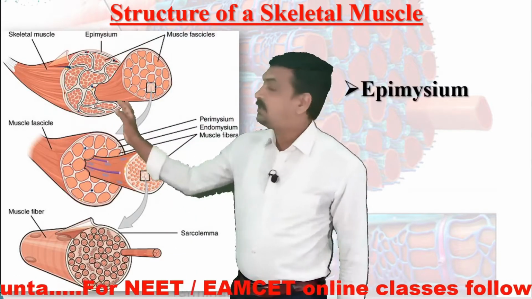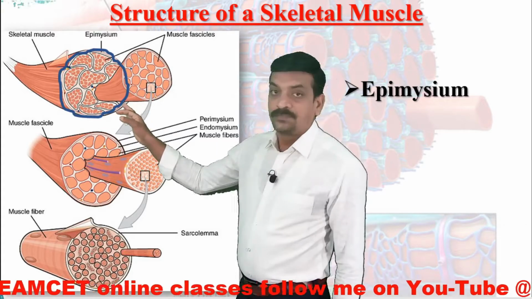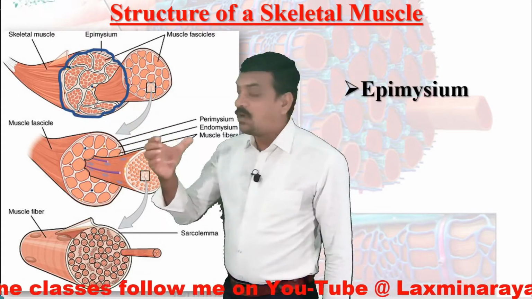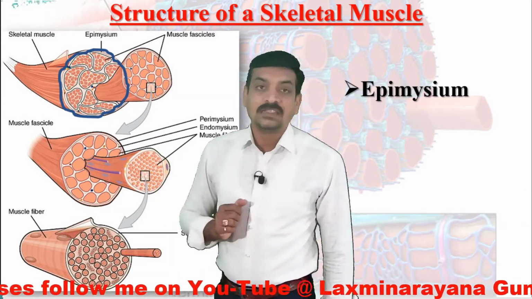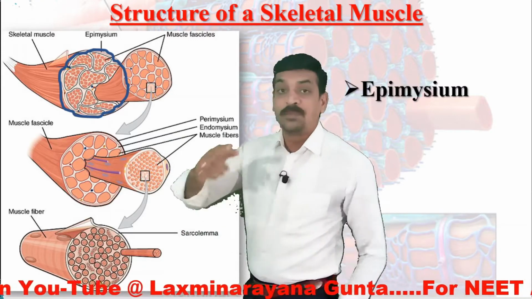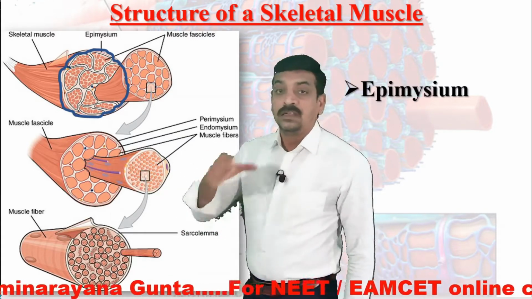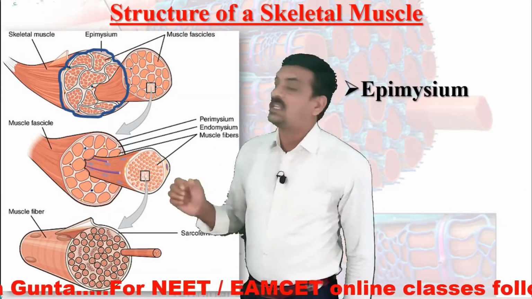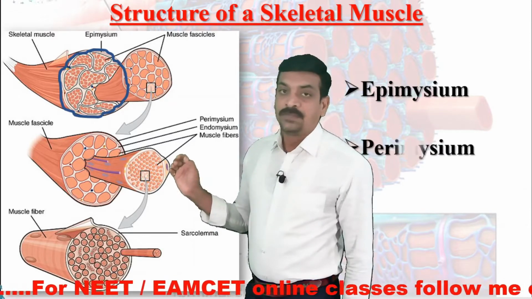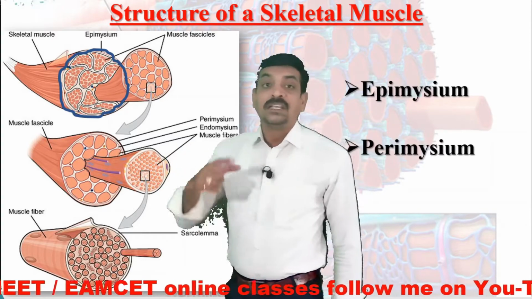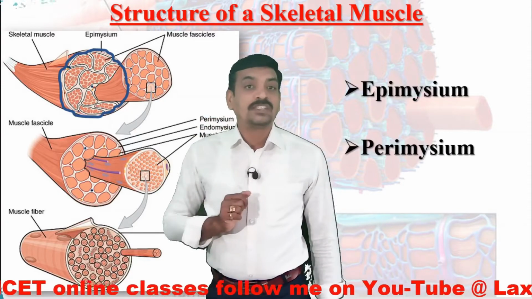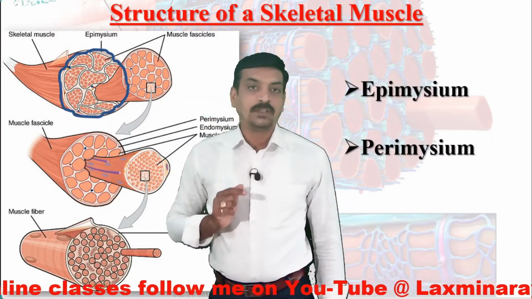This one is the epimysium. The layer surrounding all the fascicles is called the epimysium. Epi means on the top. Perimysium is the layer surrounding the fasciculus or muscle fascicle.